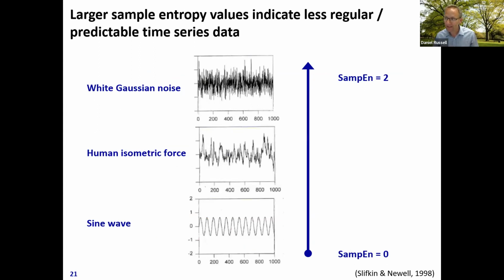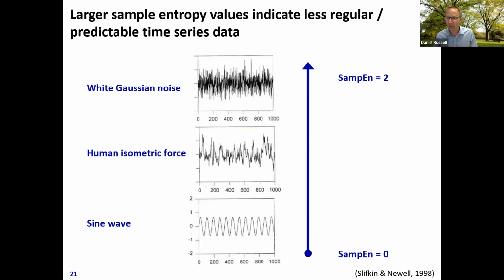And when you calculate the sample entropy scores, to give you some examples, if you have something like a sine wave, that's obviously a highly predictable signal. The sequence of data is repeated over and over again, so you're going to end up with a sample entropy value close to 0. If you have white Gaussian noise, where you can't predict anywhere through the time series, you're going to have a sample entropy up around 2.